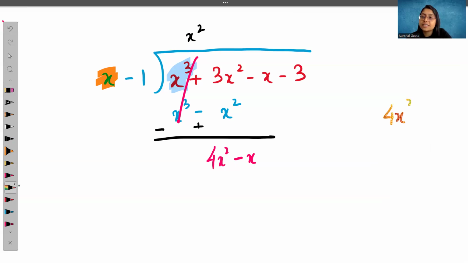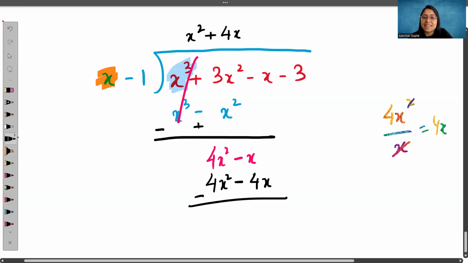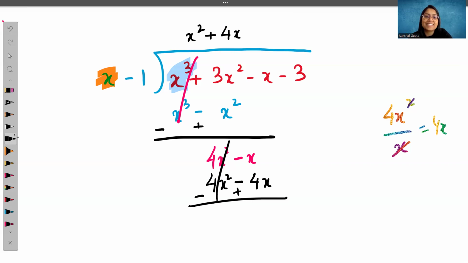Let's figure it out. x and x cancel out. What is remaining? 4x. Bravo, I know you guys are amazing. So 4x times x is 4x squared, then minus 4x. Let's subtract. The sign changes, 4x squared and minus 4x squared cancel out.